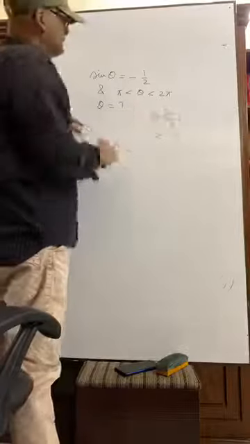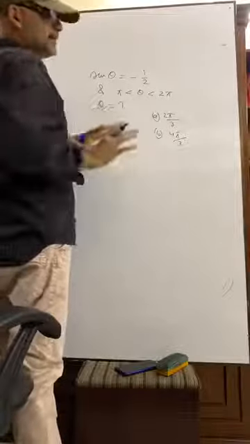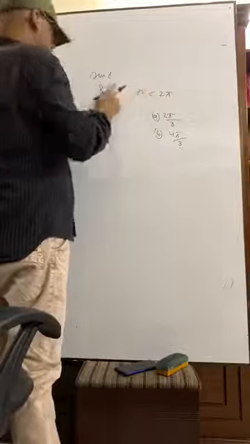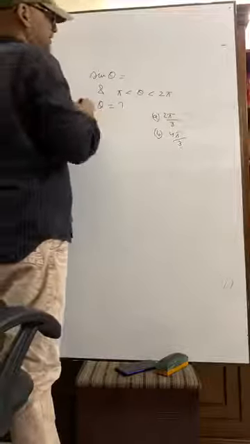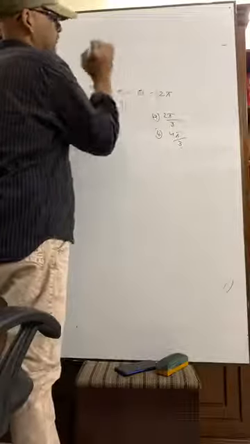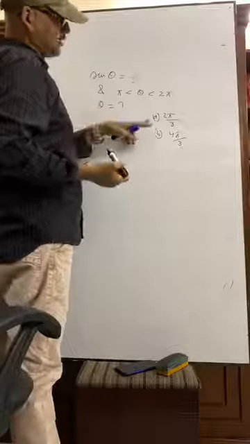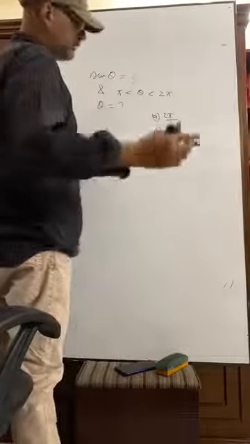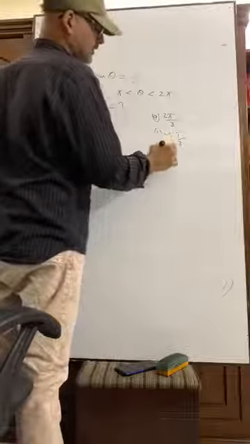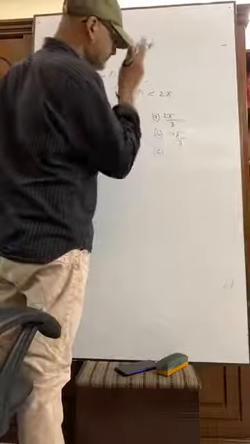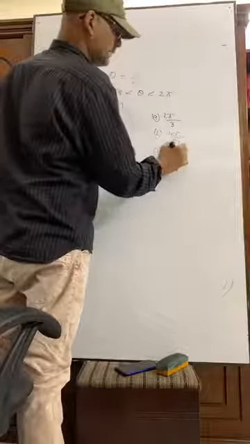I'm sorry, I am making the correction here. Sin theta equals to only half. I am making the correction. Sin theta equals to only half. Okay. So A equals to 2 pi by 3, B equals to 4 pi by 3, C equal to 5 pi by 3.